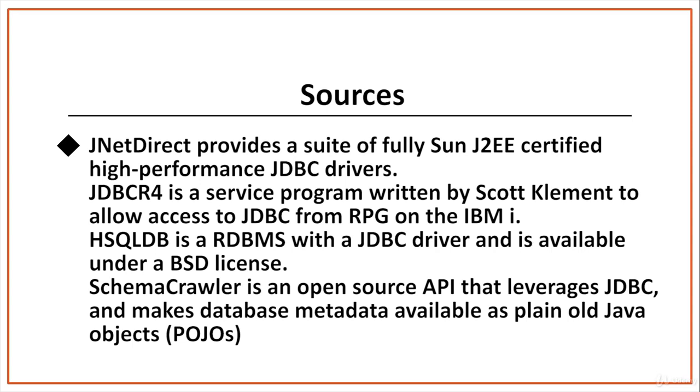JDBC-R4 is a service program written by Scott Clement to allow access to JDBC from RPG on the IBM i. HSQLDB is a RDBMS with a JDBC driver and is available under a BSD license. SchemaCrawler is an open-source API that leverages JDBC and makes database metadata available as plain old Java objects, or POJOs.